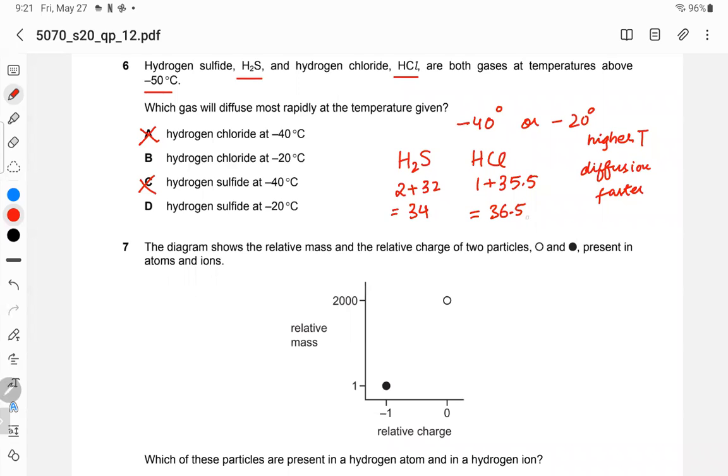So it's heavier, it diffuses slowly, and the other is lighter, it diffuses faster. So on the basis of this, I can mark B wrong and the other is my correct answer. Is this clear to everyone? Yes, sir.